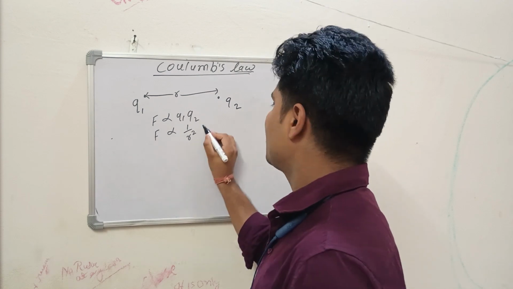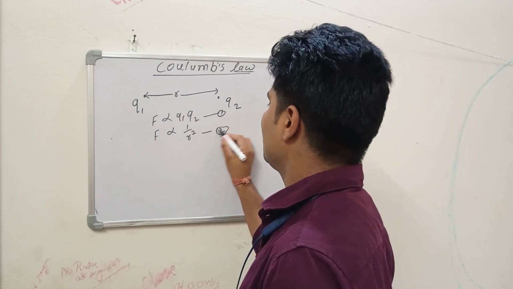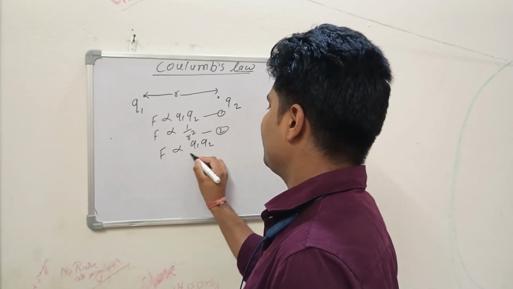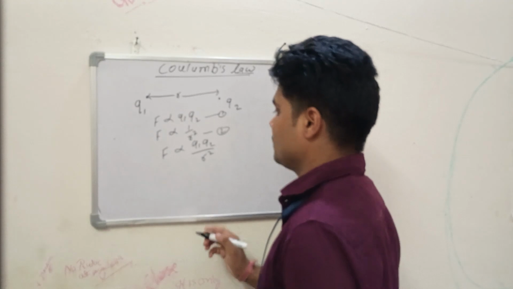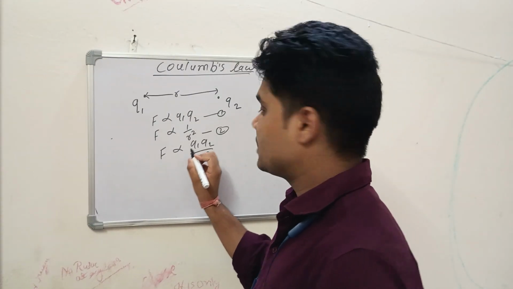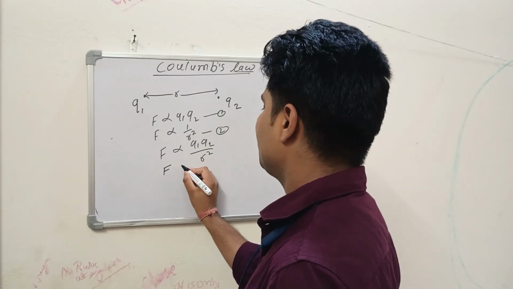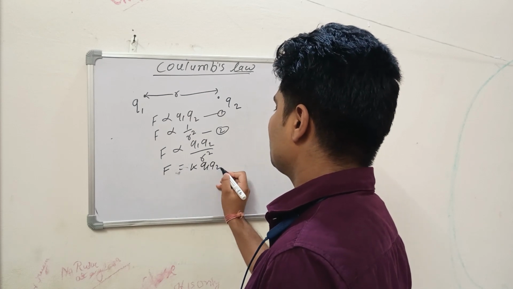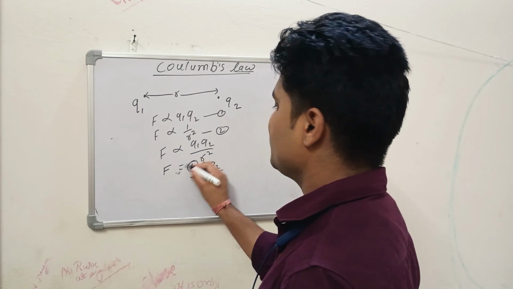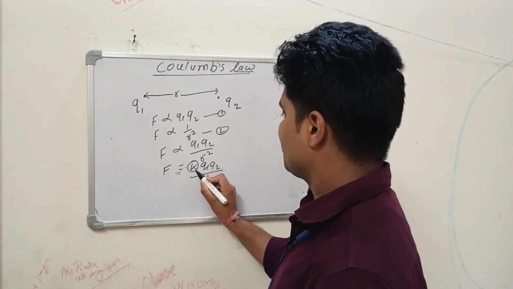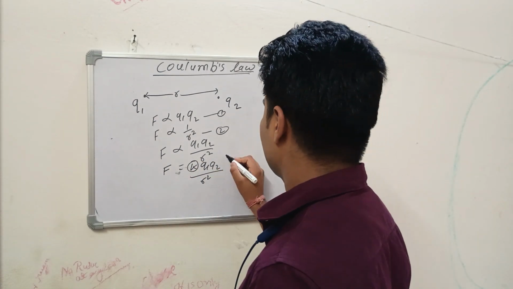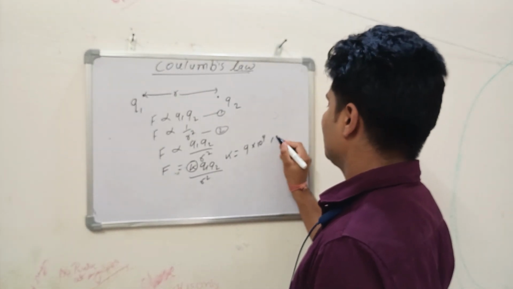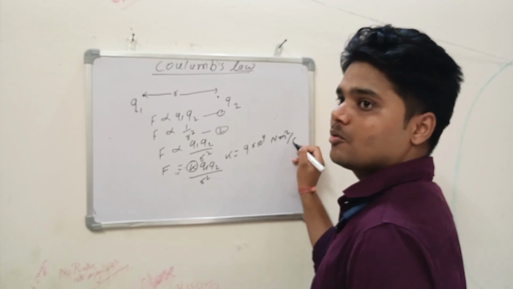If we combine both equation 1 and 2, it will become F directly proportional to Q1 Q2 by R square. If we remove the proportionality sign, then it will become F equals K Q1 Q2 by R square, where K is the proportionality constant. The value of K is 9 into 10 to the power 9 Newton meter square per Coulomb square.